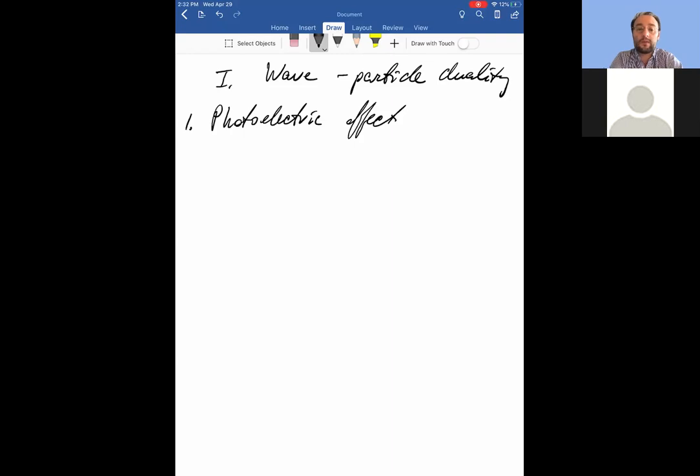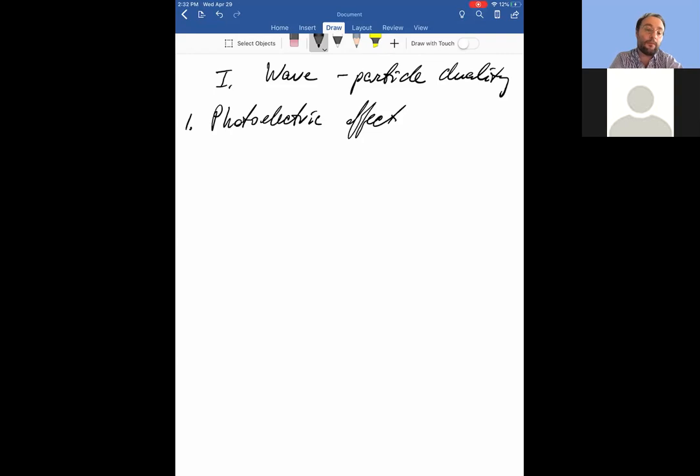First, it was found that a minimal frequency is required to get a current of electrons out of the metal. There's some kind of a threshold frequency. And light of frequency below that value, no matter how intense, no matter how bright, did not dislodge electrons from the metal.